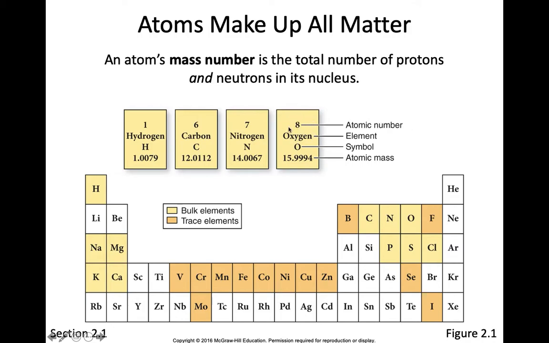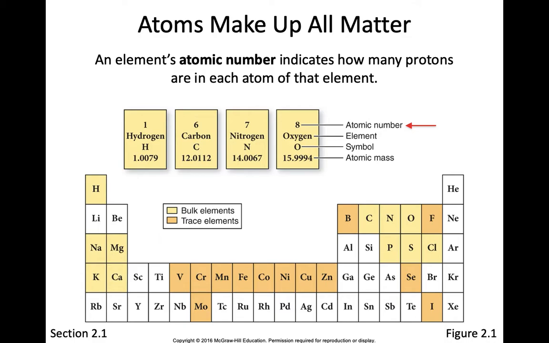Since we also know that the number of protons is equal to the number of electrons, because atoms have a neutral charge. Protons are positively charged, electrons are negatively charged. They balance each other out to give a neutral charge. So if oxygen has 8 protons, which we know from the atomic number, it more than likely is going to have 8 electrons. That's what we're always going to go with: 8 protons equals 8 electrons.